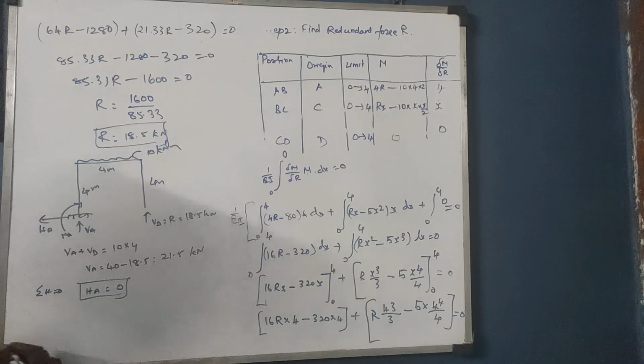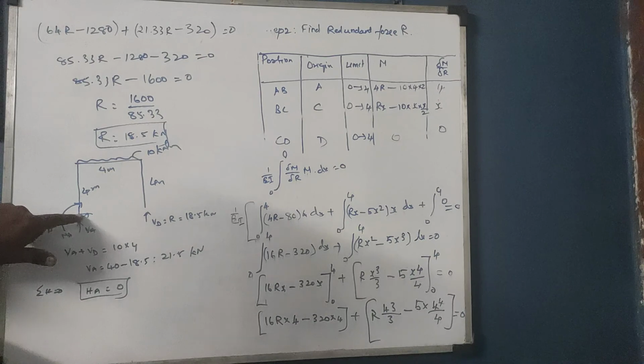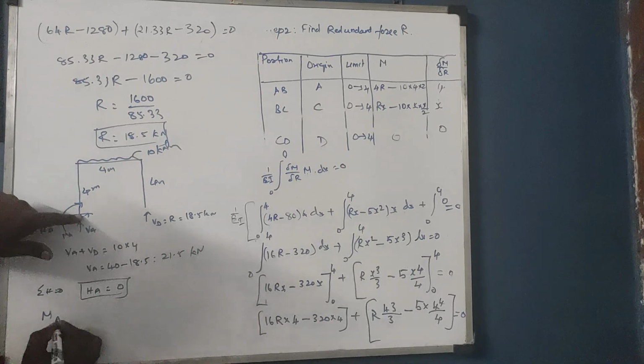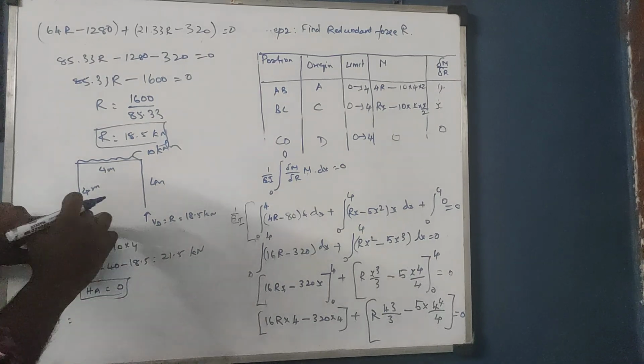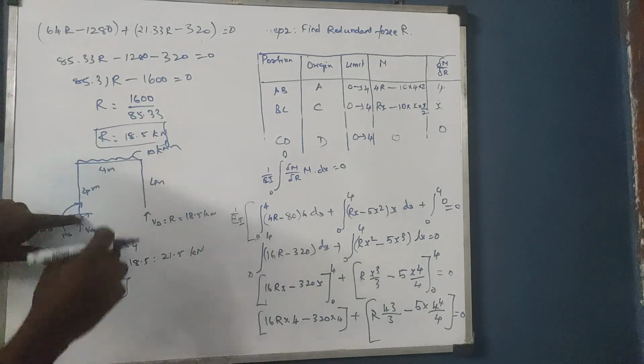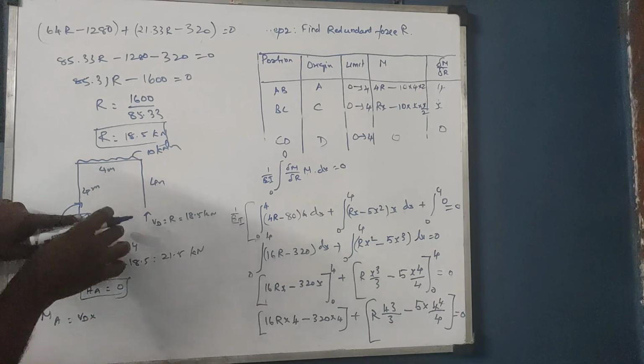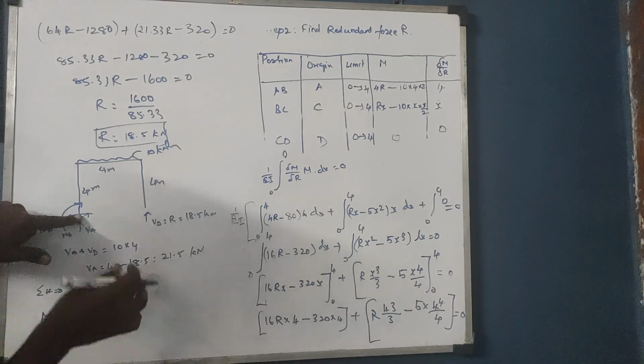And to find the moment about A: MA equal to, on the right side, VD into distance 4 meter.